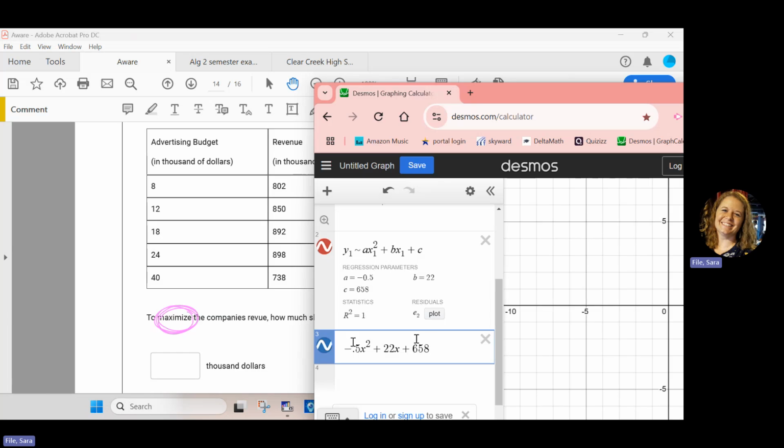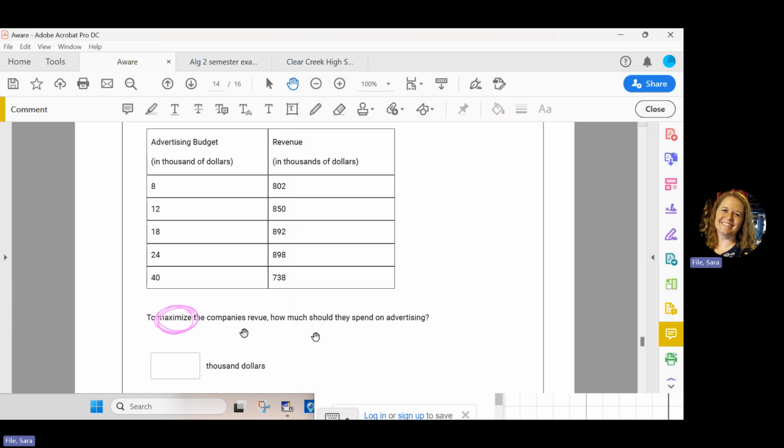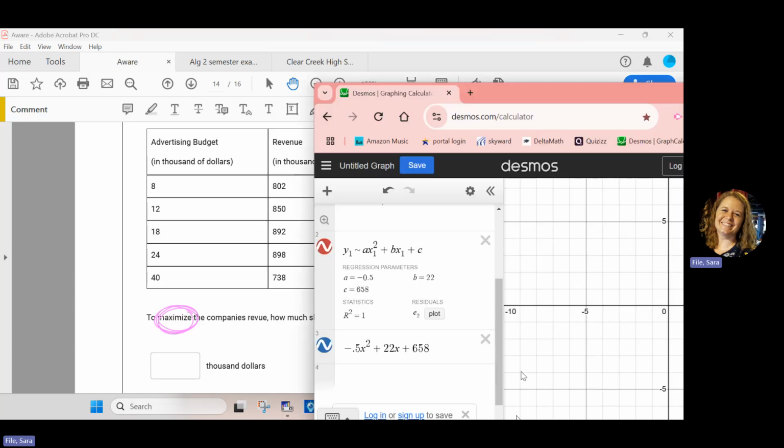So here's the equation that I've come up with using regression, and then they're asking for the maximum. To maximize the company's revenue, how much should they spend on advertising? Advertising budget, that's X. So they want to know what is the X for the maximum of this graph.